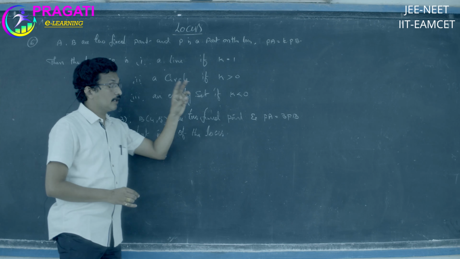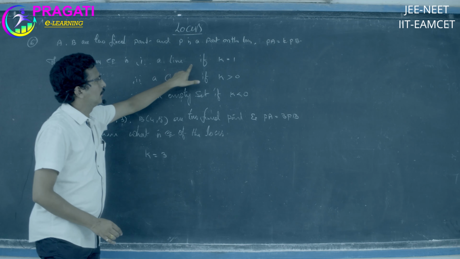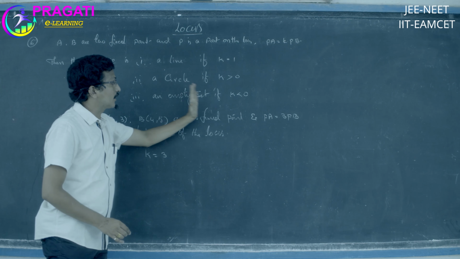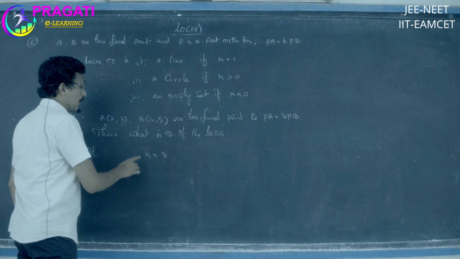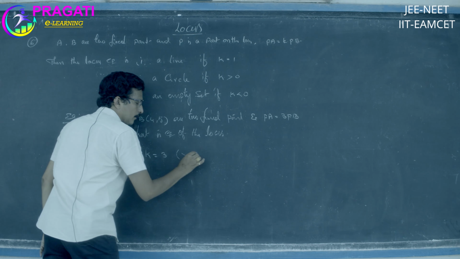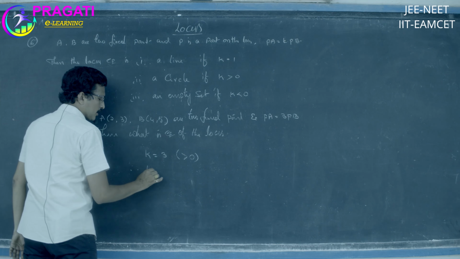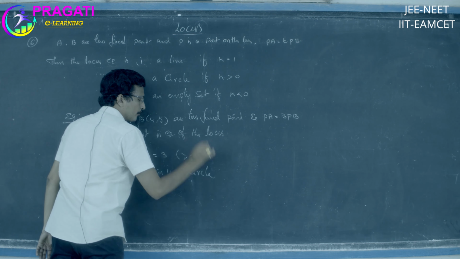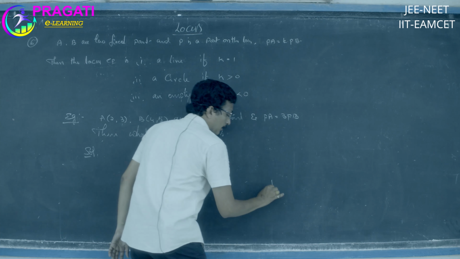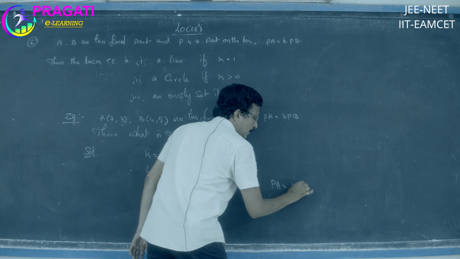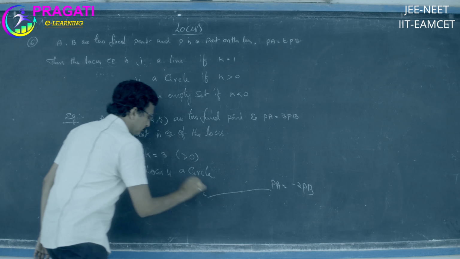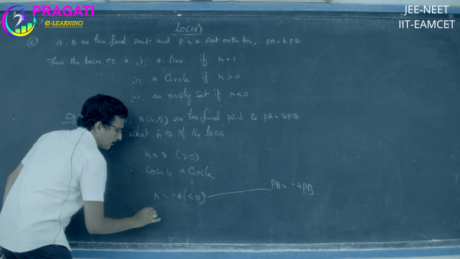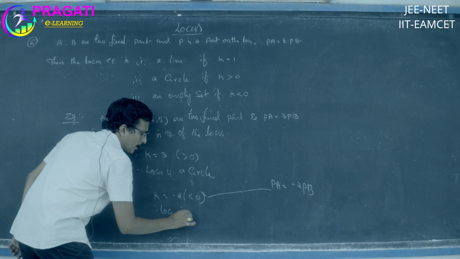Here there are three types: a line if k equal to 1, a circle if k greater than 0, an empty set if k less than 0. Here k is equal to 3, which is greater than 0. Therefore, the locus is a circle. Suppose PA is equal to minus 2PB. Here K equal to minus 2, less than 0. Therefore, the locus is an empty set.